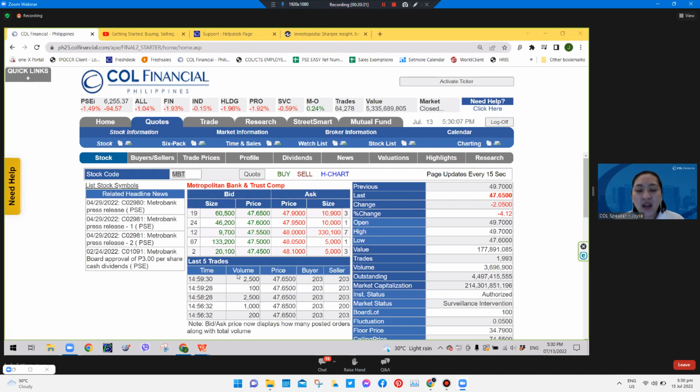Hey, for stocks, the price goes up and down based on supply and demand. So when you say supply, this would be your sellers. When you say demand, this would be your buyers. These are investors. So you guys, as investors, you're the ones who can actually make the price go up or down depending on the demand and the supply of investors as a whole.